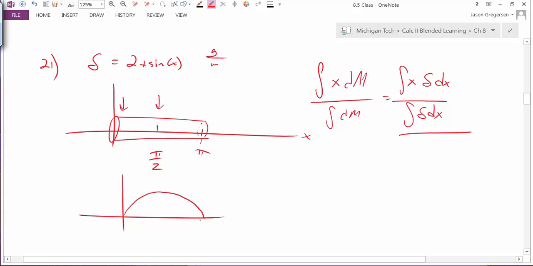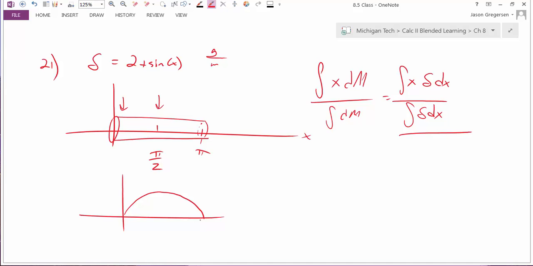So the density is changing. The mass is changing. It is less dense here than it is here. But the density here is going to be exactly the density here. And the density here is going to be exactly the density here. So it's absolutely symmetric about the center of this object. So because of that symmetry, I really know the middle is going to be the middle here.